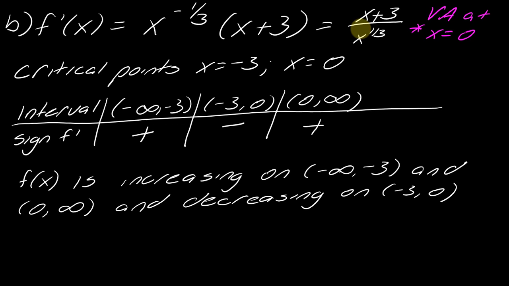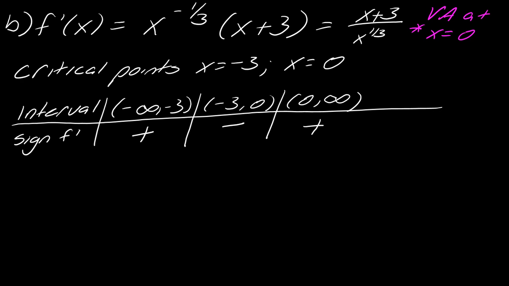Okay, so now for the last part, we need to determine the max and min in this case. So let me get rid of this. I just want to leave that note for myself not to call that a max or min, because we know there's going to be a vertical asymptote there. So instead what I see here is, I go from positive to negative, so I can see that I have a max here.